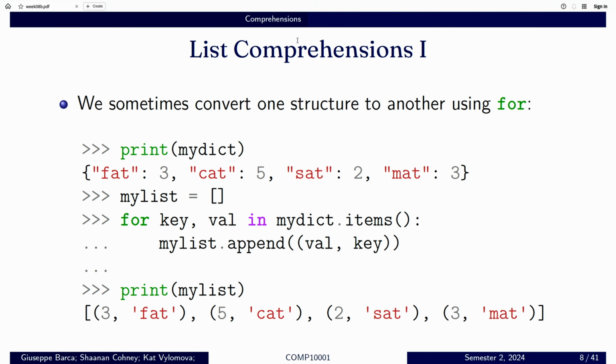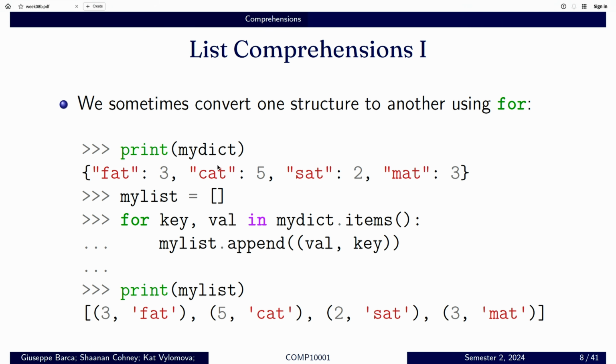Suppose that we have this dictionary here, and we want to convert the dictionary to a list of tuples, as we have done in the past, where each tuple contains the value and the keys from the dictionary, literally in that order, so I'm swapping them. We've done this again in the past.